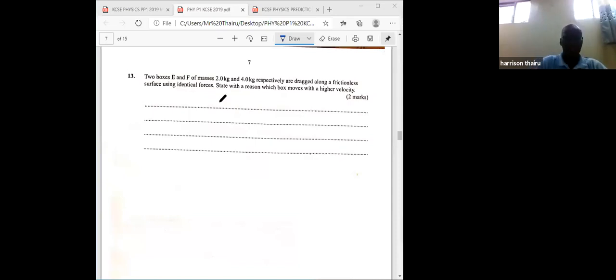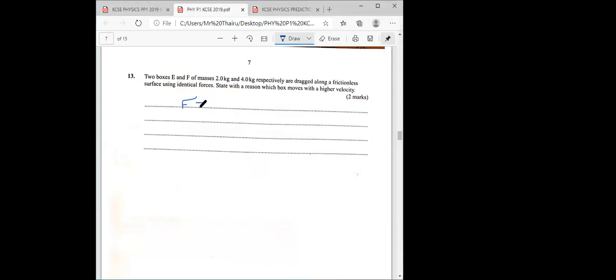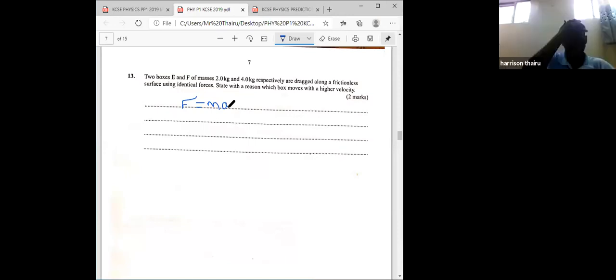Now let me just give you the answer. We are using Newton's second law of motion. The formula is F equals what? F equals MA. Because here the force is identical, suppose we give it a number.